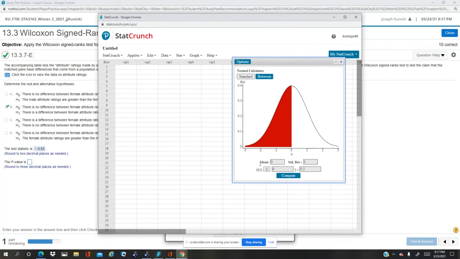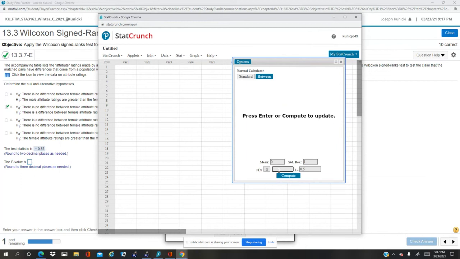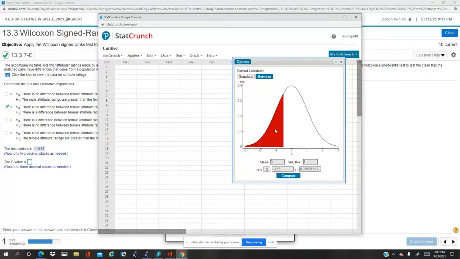You could use one tail or two; it all depends on how you want to view it. Let's say we do the left tail. X less than negative 0.53 is 0.29. That's in the left tail.